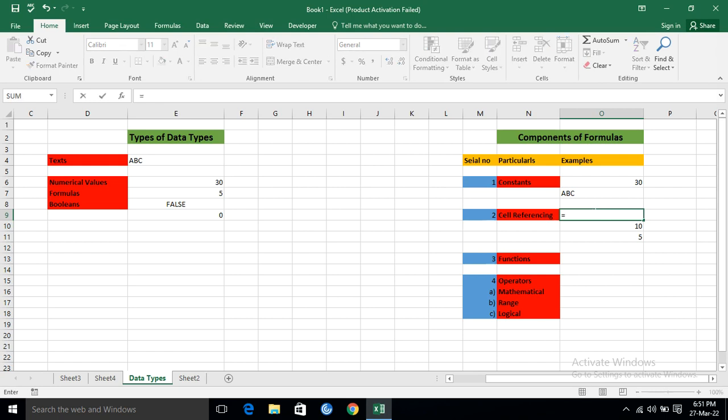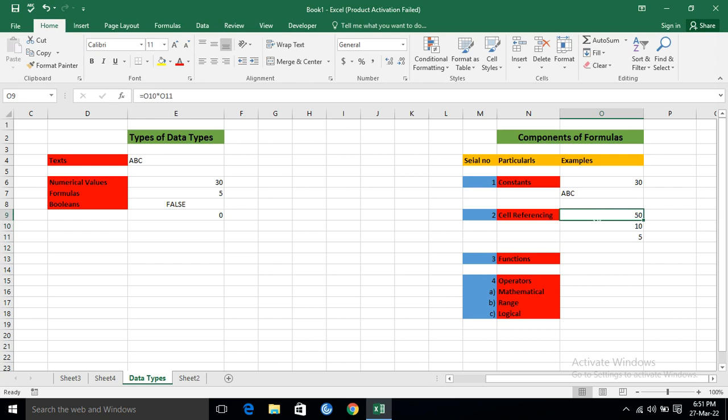So let's suppose if I do equal to, see, now the answer has been shown to us in this cell. Basically, it has taken the inputs from this and this cell and throws out the output to this cell.